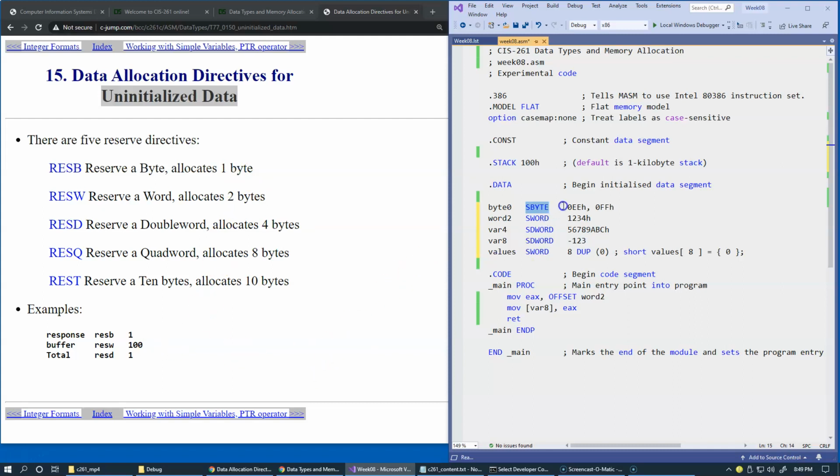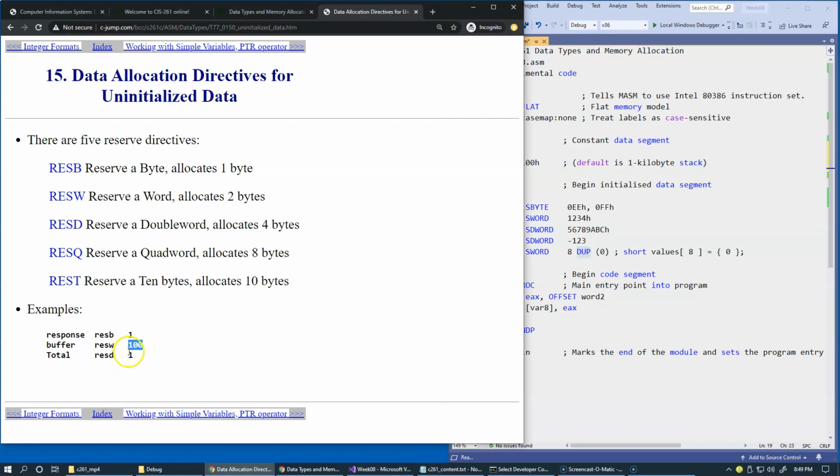So instead of thinking about some sort of initialization syntax or duplication syntax like this, what you can do is just say, I want to reserve 100 elements or 100 instances of 16-bit memory locations. In other words, this is 200 bytes.